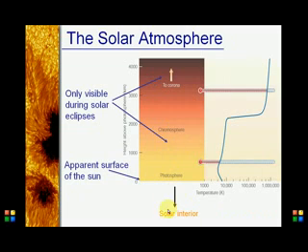So in the solar interior, the temperature is high. Then you move towards the photosphere, and the temperature starts to go down. Then as you move up, the temperature increases.